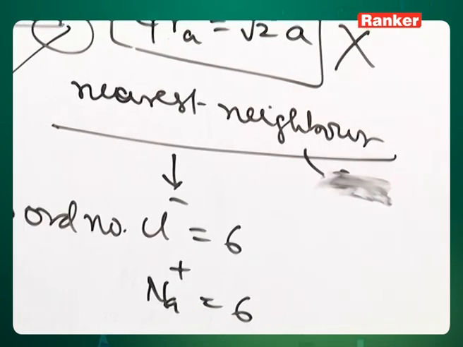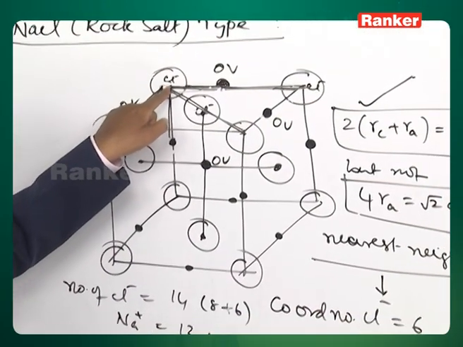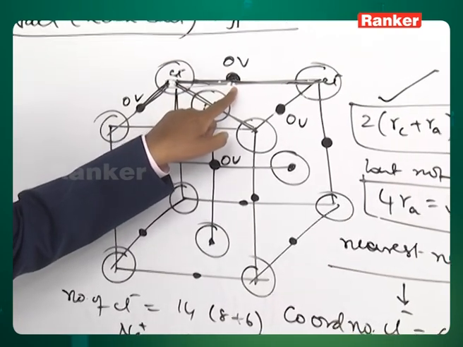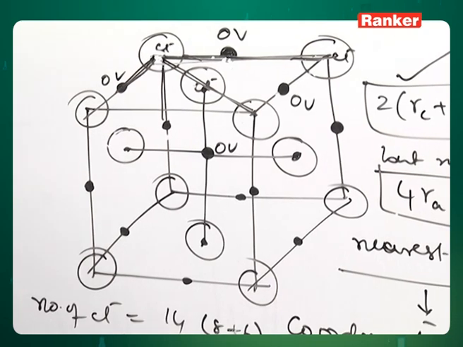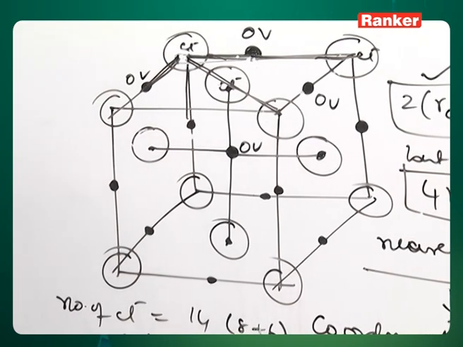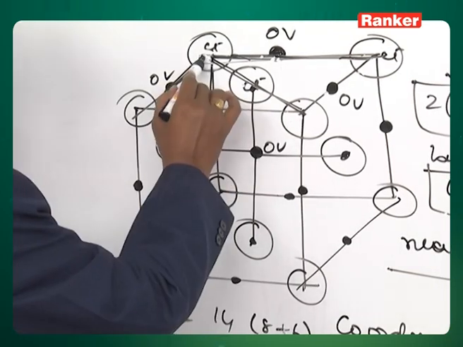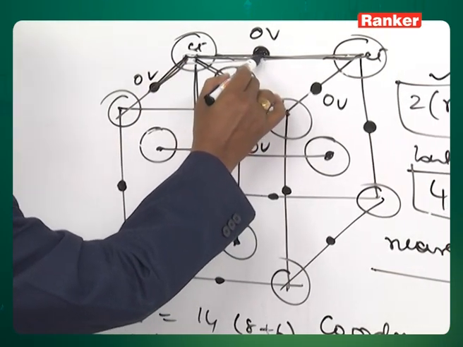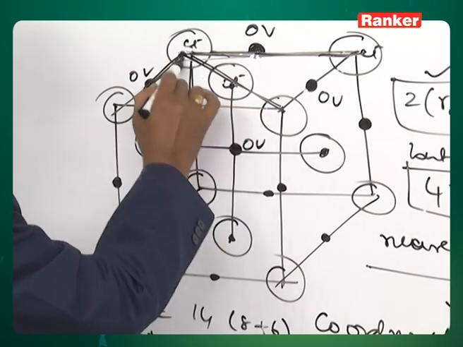That means, how many sodium ions surround one particular chloride ion, or how many chloride ions surround a particular sodium ion; that is the coordination number, also called the first nearest neighbor. What is the second nearest neighbor? If this is the first nearest neighbor, then obviously the second nearest neighbor is one chloride to the other chloride.